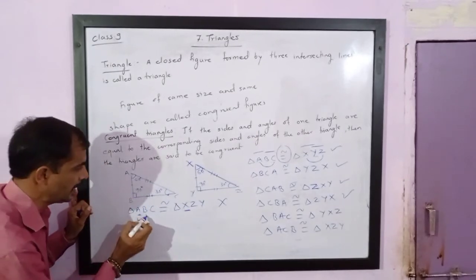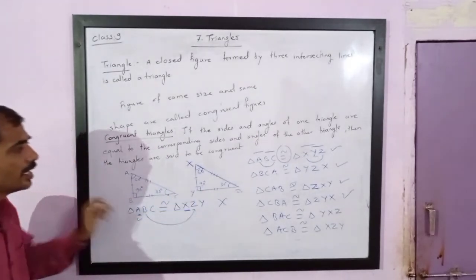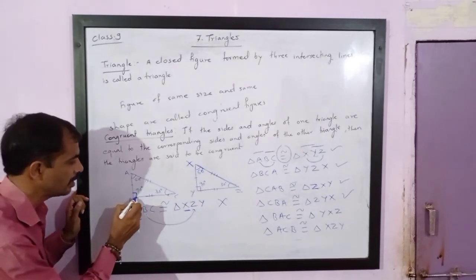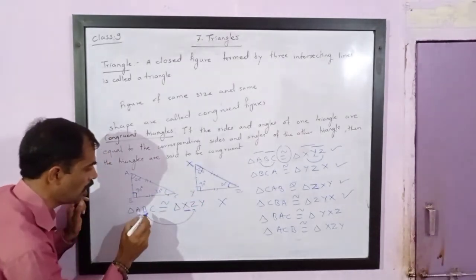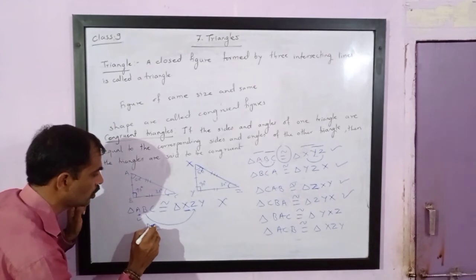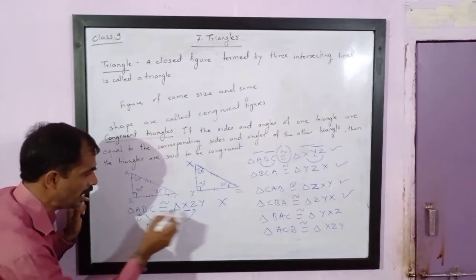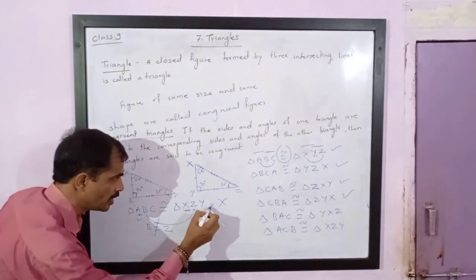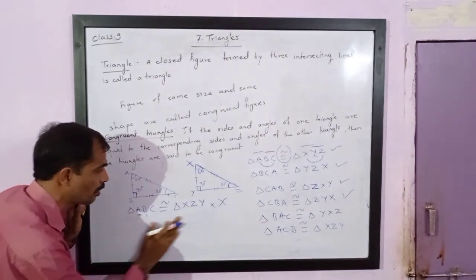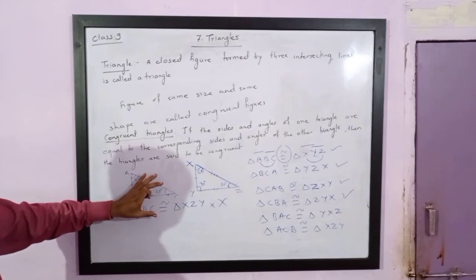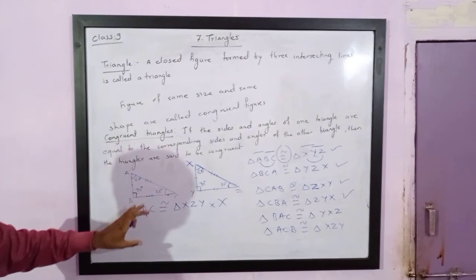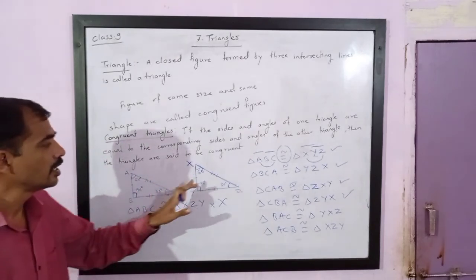Then the second letter is B here and the second letter is Z there. Here B is 90 degrees and Z is 30 degrees. So B is not congruent to Z. So if we write the second letter like this, this is wrong. So the sequence must be proper, and don't get confused while writing the correspondence of the triangles.